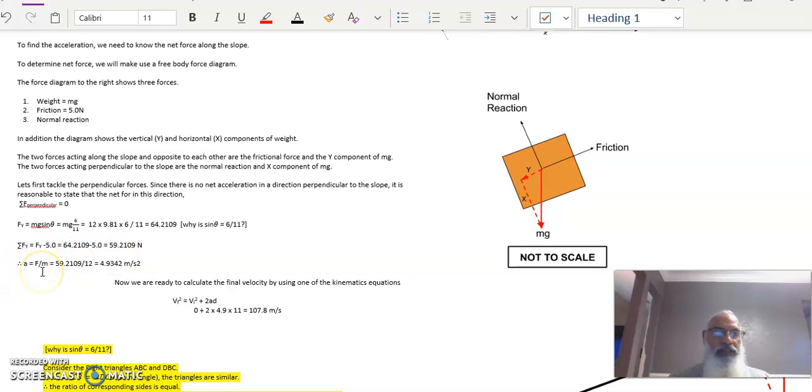Acceleration is force over mass because you know the equation F equals ma, and so this is just a form of that same equation. And so F we have found from here, 59.2109, and then mass is given as 12 kilograms. Once we divide those, we find that the acceleration comes out to 4.9342 meters per second squared.